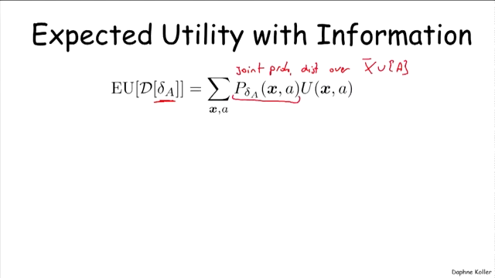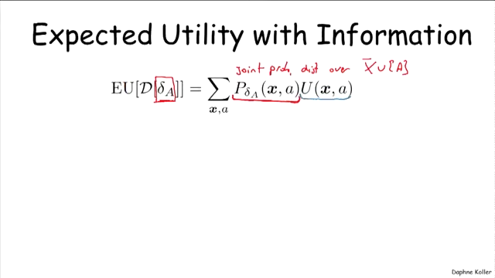And the agent's expected utility, once they've selected the decision rule delta A, is simply this expectation over here. We average out over all possible scenarios, where a scenario is an assignment to the chance variables X as well as to the agent's action A. And what we're averaging out is the agent's utility in that scenario.